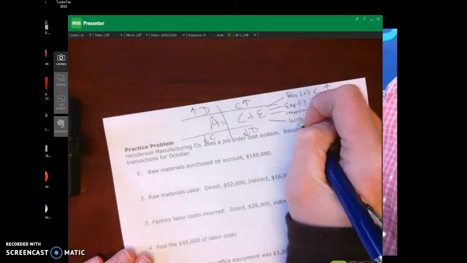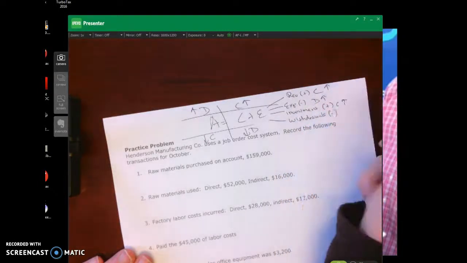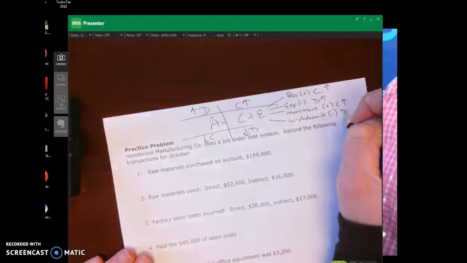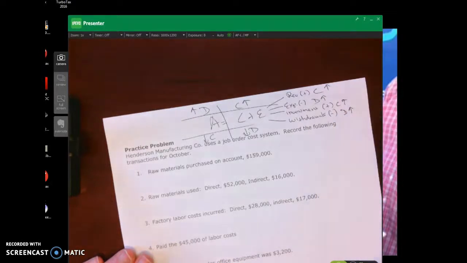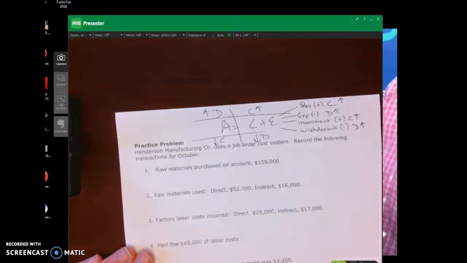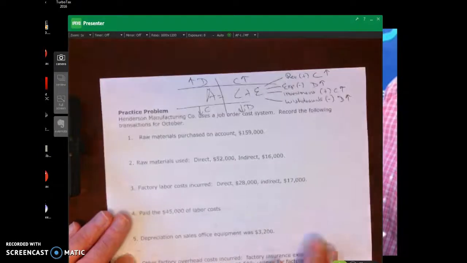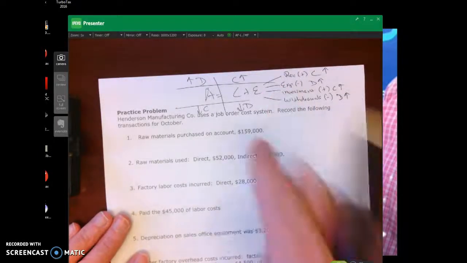And then we have withdrawals. They decrease equity, and so withdrawals are recognized with a debit. So withdrawing money is a debit to withdrawals, credit cash. Okay? So we can use this to help us answer these questions.